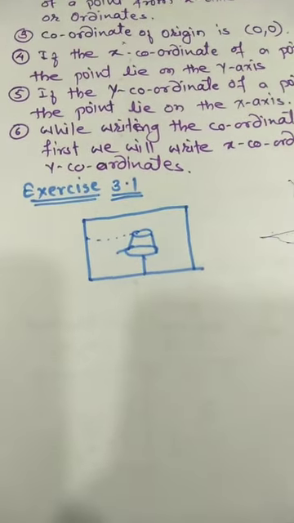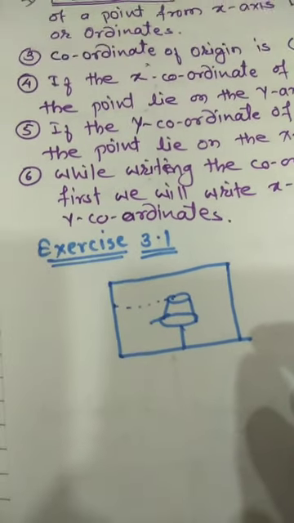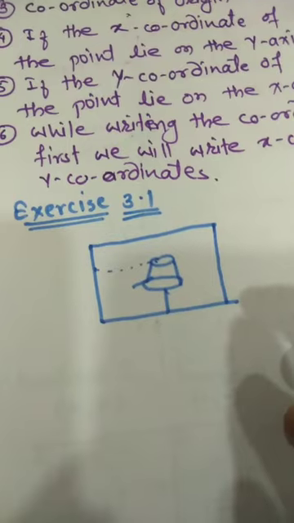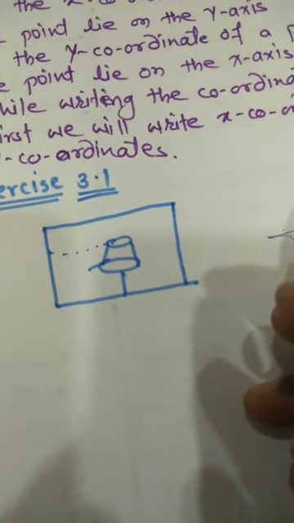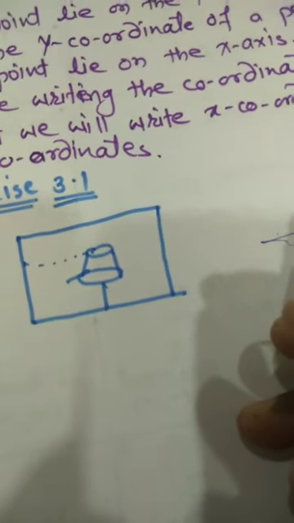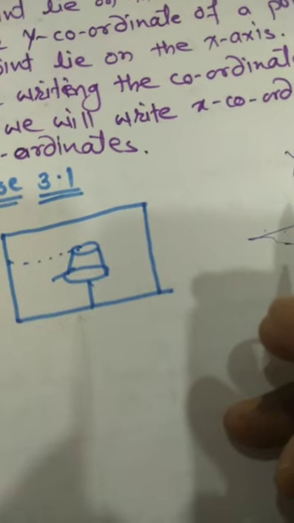And then the second question is given. Street plan. A city has two main roads which cross each other at the center of the city. These two roads are along the north-south direction and east-west direction.